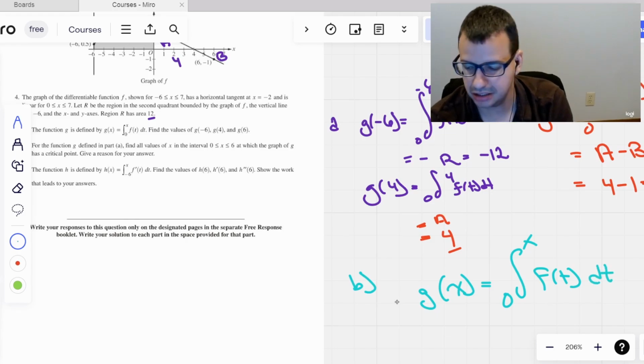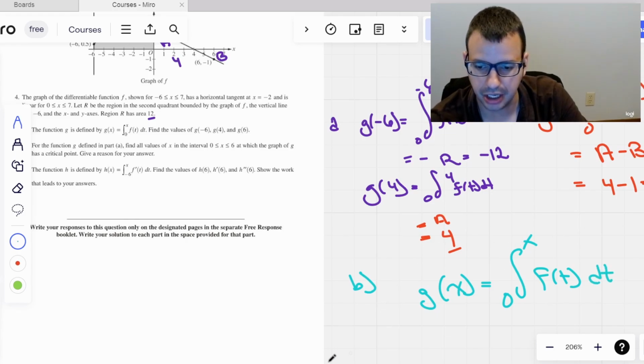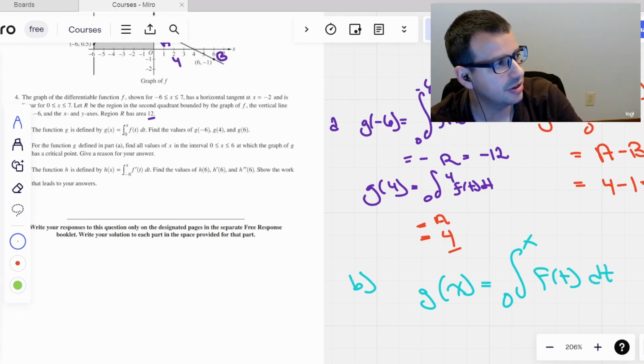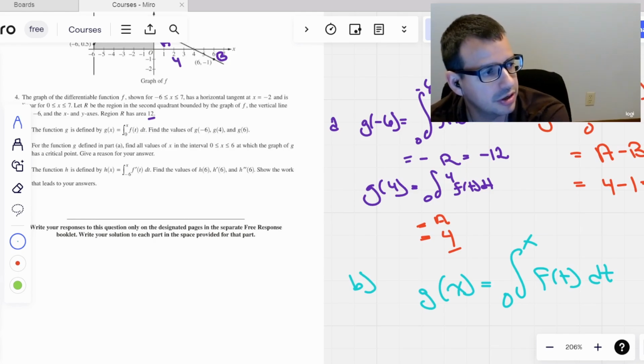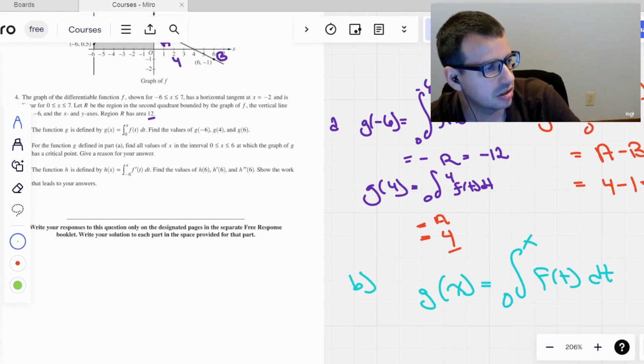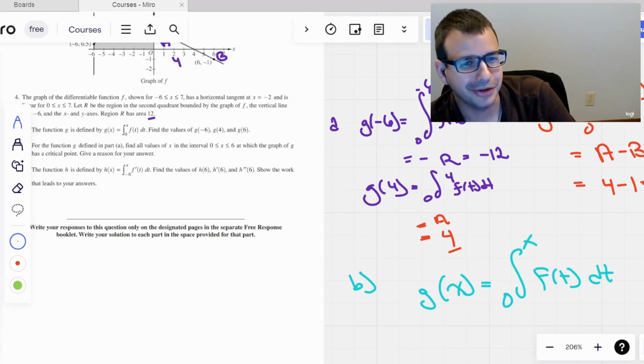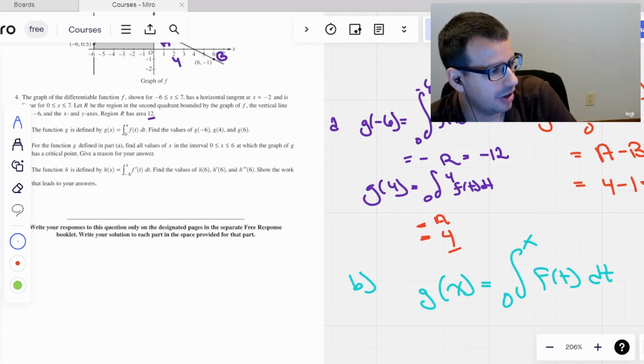Let me look this up just so I don't mess it up. This is going to be the fundamental theorem of calculus. I know we can't look this up on the AP exam, so I'm not going to even pretend that this is what you would be going through.